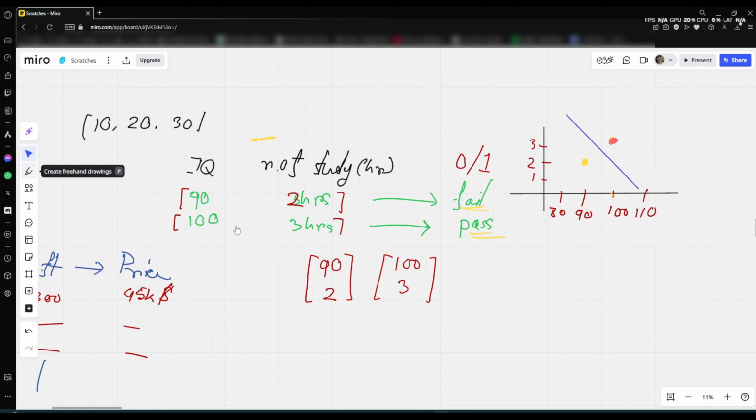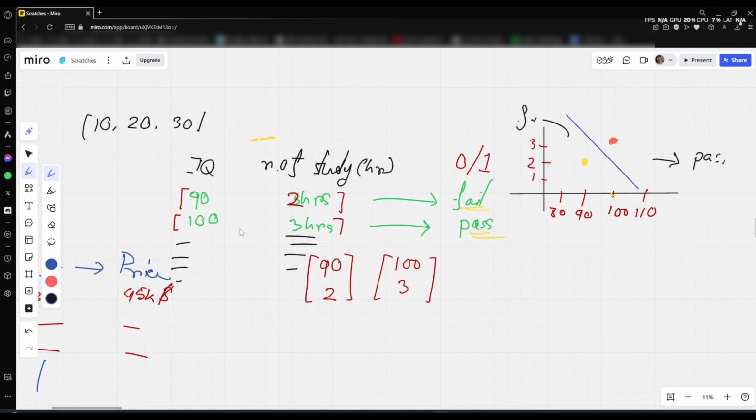Now, an interesting fact is we have just two persons here, right? But we can have many more. We can have 100 students here. So as I have divided this part here, this is for pass and this is for fail.